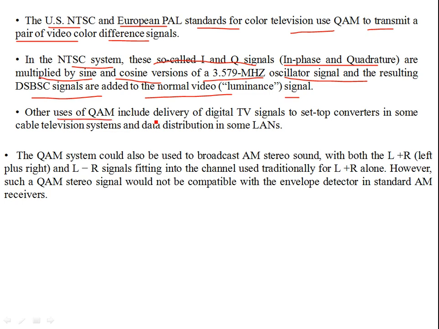Other uses of QAM include delivery of, let's say, digital television signals to set-top converters in some cable television systems and data distribution in some LANs. So these are some of the applications of QAM.